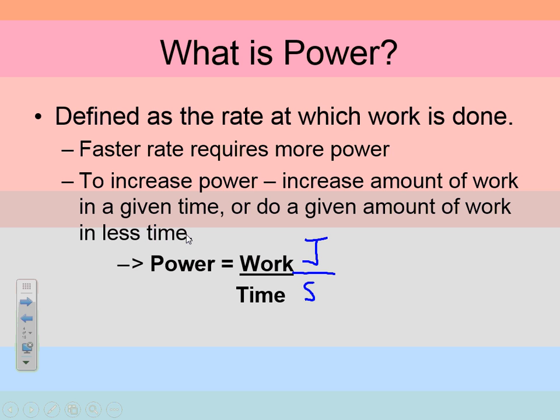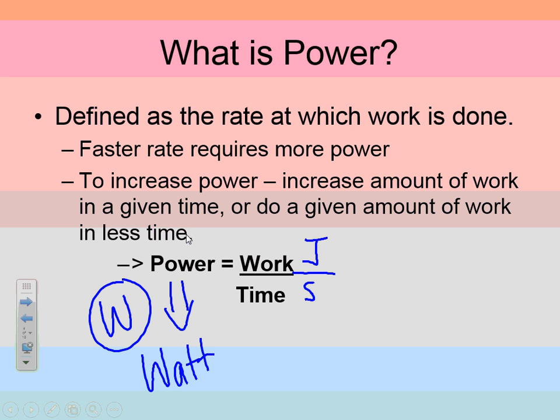Now we have a new unit for power, and it's called a watt. Its abbreviation is just a W. Don't get watt, the unit, confused with work. They're two different things. Watt is a unit, work is what we're solving for. So work is in joules, power is in watts.